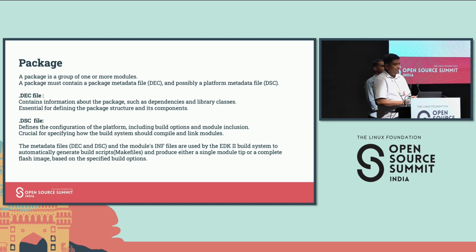Now, if you want to build a single package, let's say you created a sample package, what is required? First, you need a description file and a declaration file, which has all the necessary things like libraries and dependencies. Then for the platform you are building, you need a description file. Let's say you have four modules inside that.